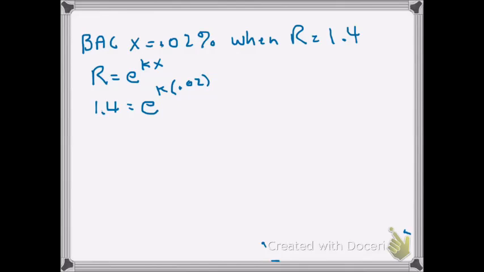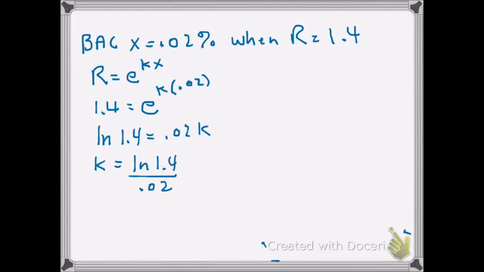We can immediately change it to the natural log form. Natural log of 1.4 then is equal to 0.02k, and divide both sides by 0.02, and we find the constant k is equal to the natural log of 1.4 divided by 0.02. This is approximately equal to 16.82, which you can find on your calculator.